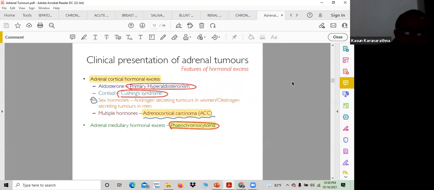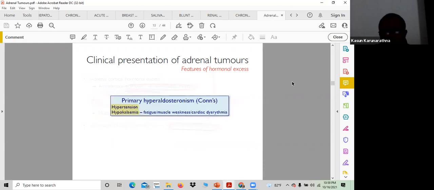Adrenocortical hormone excess: if there's an aldosterone-secreting tumor, that will manifest as hyperaldosteronism. There are cortisol-secreting tumors; the patient comes with Cushing's, right? And if there's adrenomedullary hormone excess, adrenomedullary tumors, then the patient presents with this epinephrine excess. That's why you get the picture of pheochromocytoma, right?